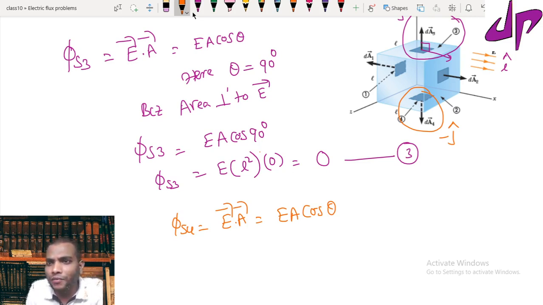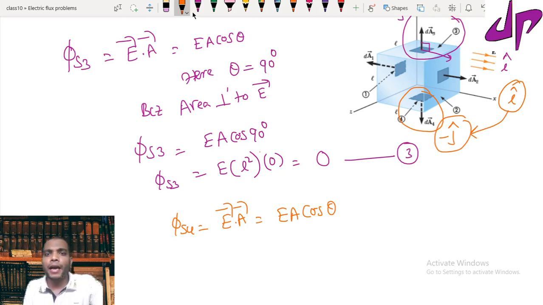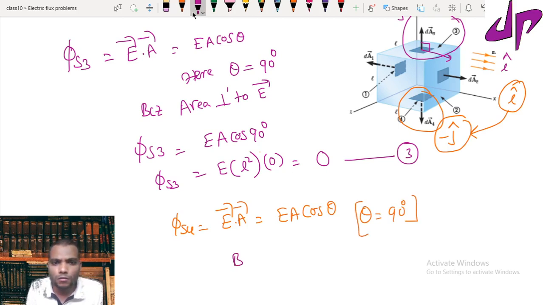Now what is the electric field vector? The electric field vector is along i cap. Now what is the angle between j cap, minus j cap and i cap? They are perpendicular, so here theta equal to 90 degrees. Reason? Because the area is perpendicular to the electric field vector.